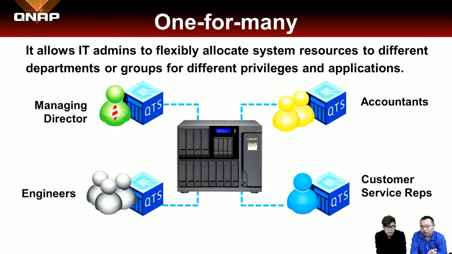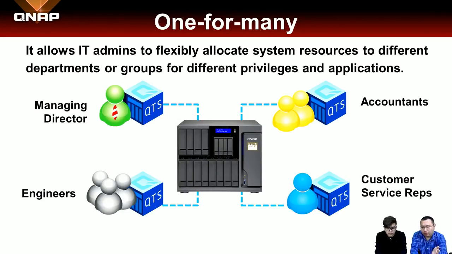In the past, you may have had to purchase multiple NAS devices for various departments in your organization. But with VQTS, you can just purchase this one big 1677X, and you can set up various VQTS to serve the different departments.